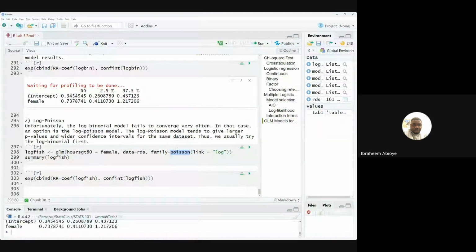Can somebody remind us what a count variable is? Anyone wants to remind us? It's a variable that is not continuous in that we're using just whole number integers, for example number of children.